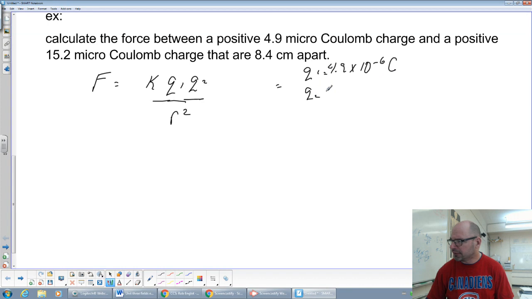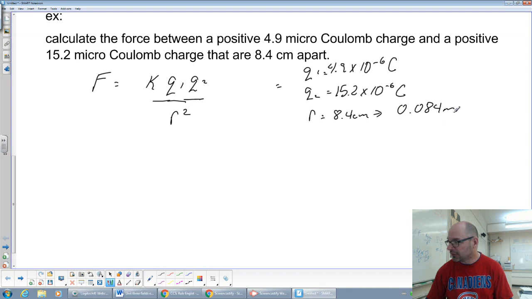Q2 is equal to 15.2 times 10 to the negative 6 coulombs. Okay, and then we have the distance. Distance has to be in meters. So we got to change 8.4 centimeters into 0.084 meters. Okay, and then we can calculate it. And we know that the constant, which is given on the exam, is 9.0 times 10 to the 9. If you look at the top of the exam, that'll be there.